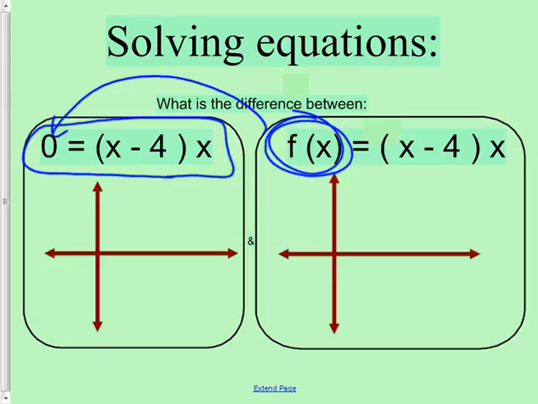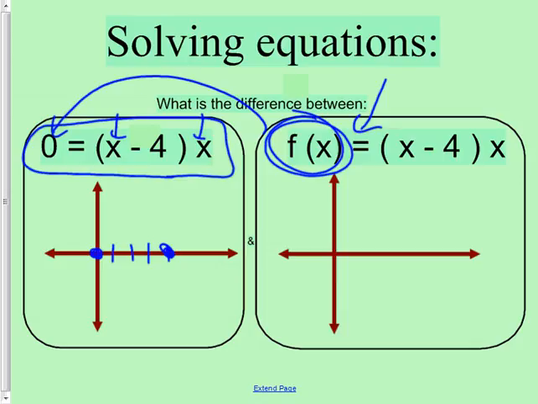There'll be 2 answers. Can you do them in your head? What are they? 4 and 0, because 4 makes this one part 0 and this one's 0. So 4 and 0 are the 2 answers. That's the only 2 answers to that equation. But this equation has many more options. Do you get that this, when I multiply it out, would be x squared minus 4x? Okay.